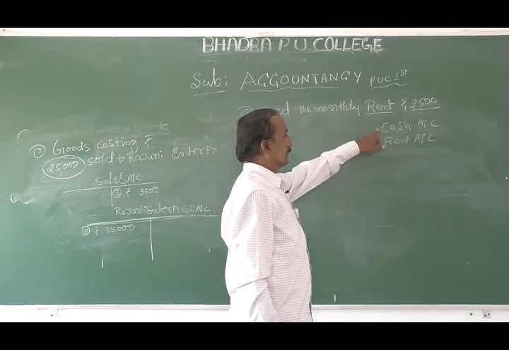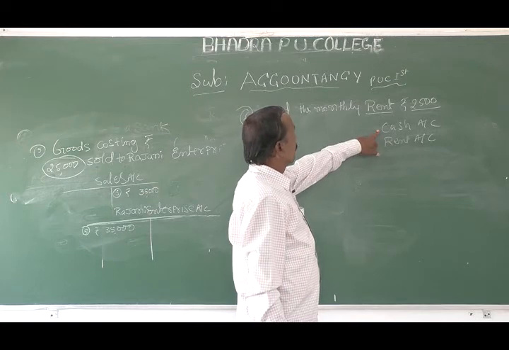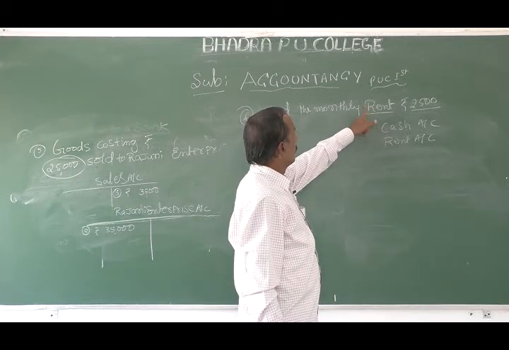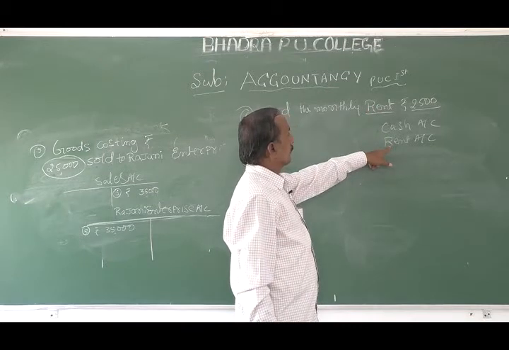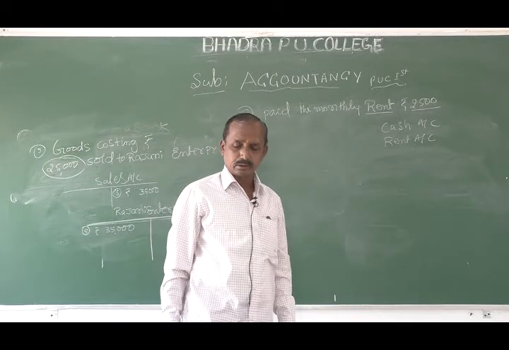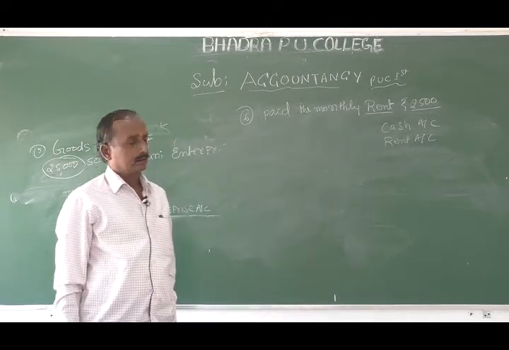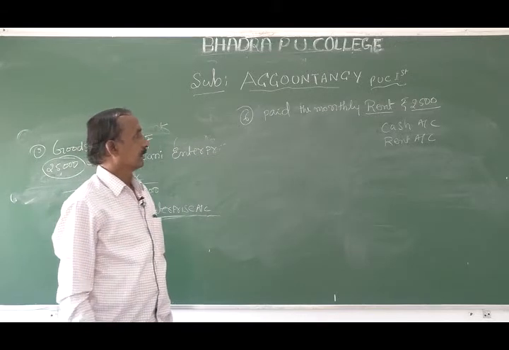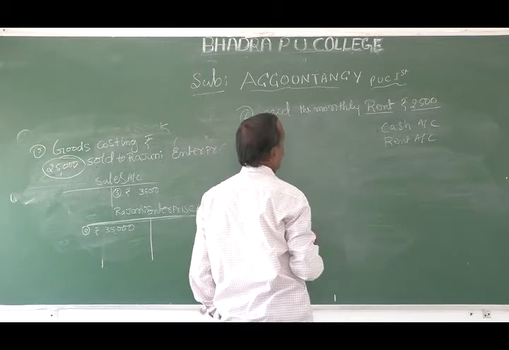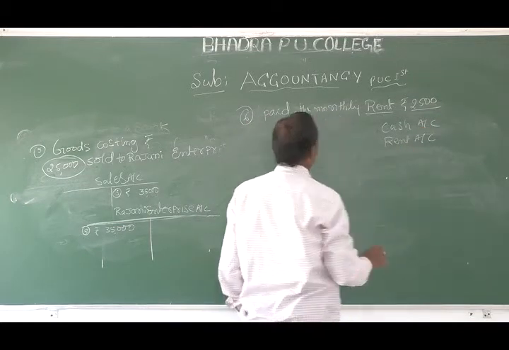The real account says debit what comes in and credit what goes out. The cash goes out, so it is credited.